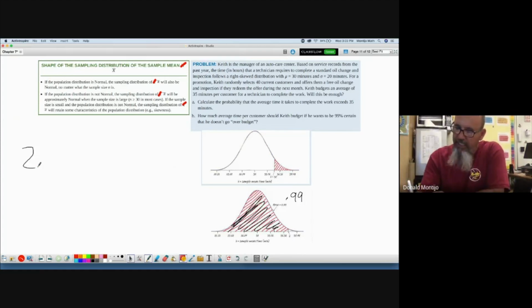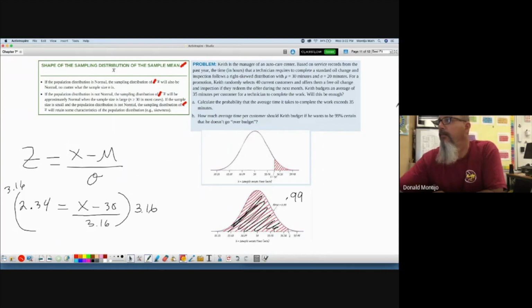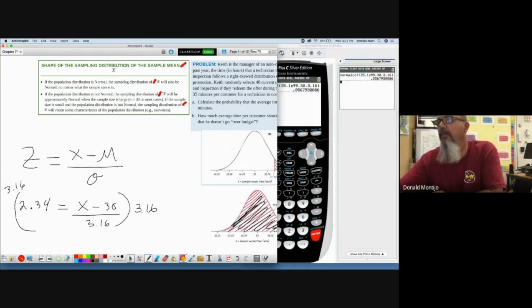Remember, z equals x minus mu over sigma. So z is 2.34. x, I don't know. That's what Keith's trying to figure out. Minus the mean, which was 30, over the standard deviation, which was 3.16. So multiply both sides by 3.16. What is 2.34 times 3.16?